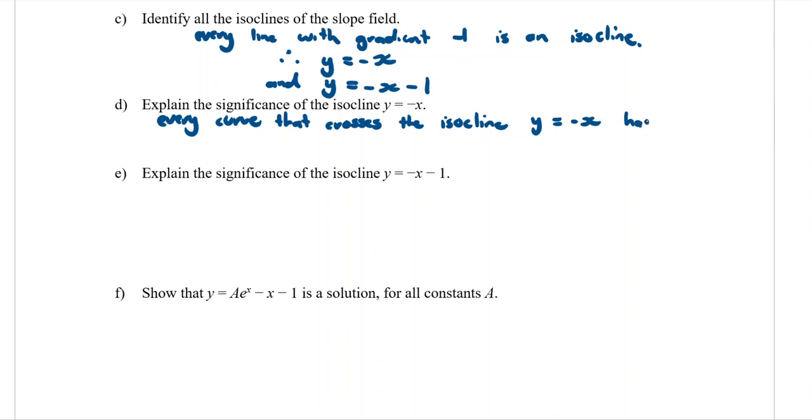So it has a stationary point. There's two of them. That's why I've written down two equations. Every curve that crosses the isocline y equals minus x has a stationary point at the point of intersection.